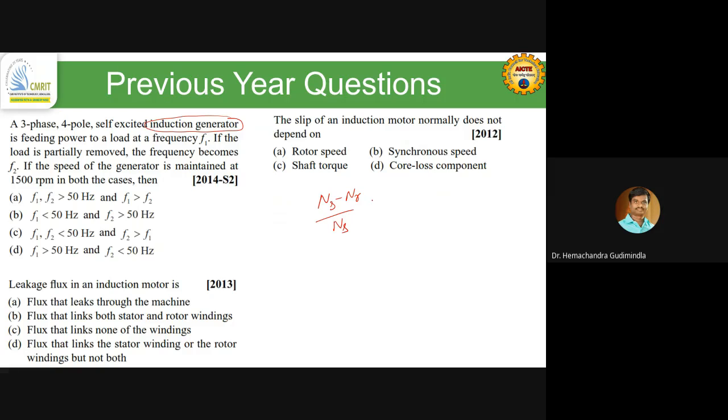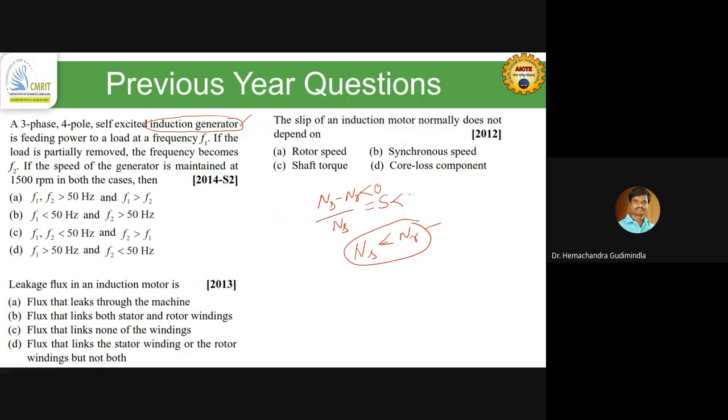Slip is less than 0 for a generator, right? If slip is less than 0, Ns minus Nr is also less than 0. So that means Ns is less than Nr, right?